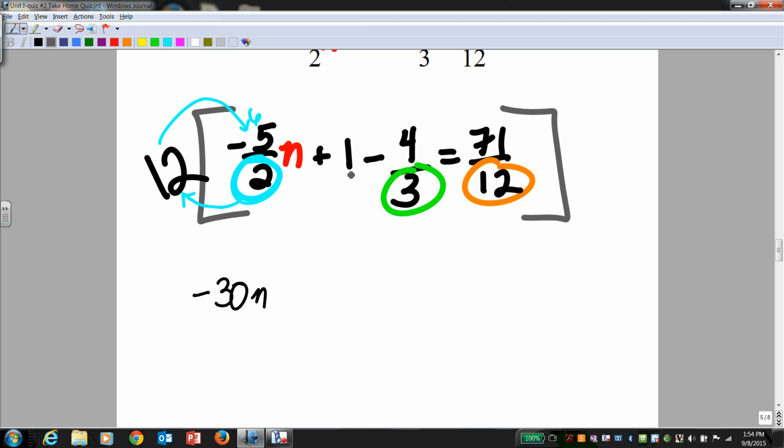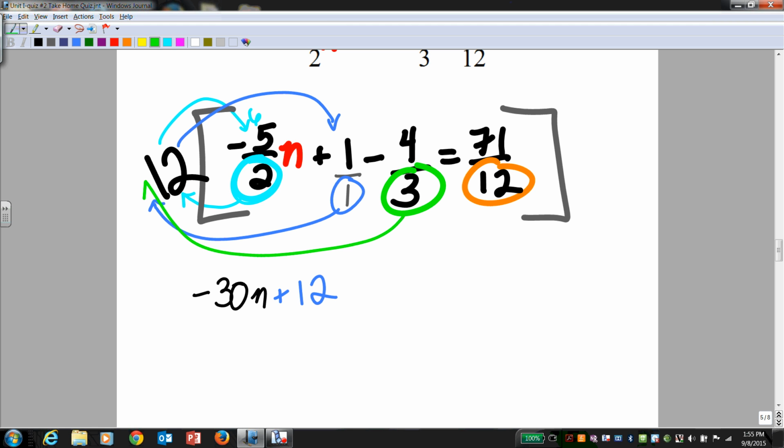Now be careful with this one. Technically, that's 1 over 1. So circle the 1, bring it around, that's 12. So we're going to go plus 12. Be careful, don't drop that 1. You have to convert it to a 12. Ready? Arrow in, arrow out. 3 goes into 12 4 times.